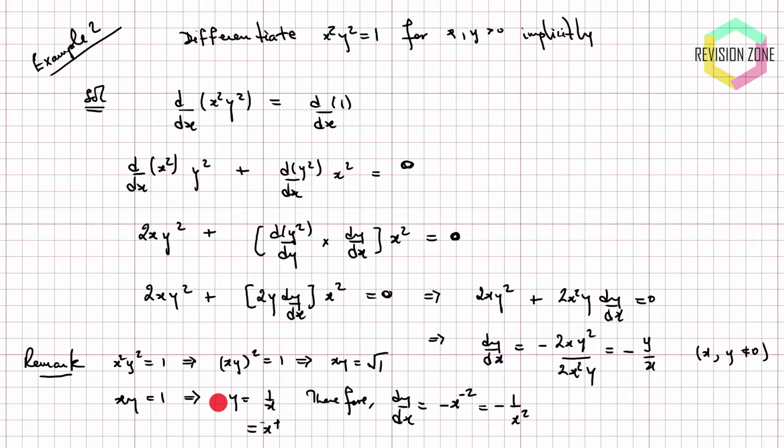It's even better to say this: I'm going to replace the one on the top by xy, because I know from this relationship here that x times y is always going to give me 1. So I actually end up with this, and simplifying this, I get precisely the thing we actually had before. And of course, I've got to say again that I can't have these things being 0.